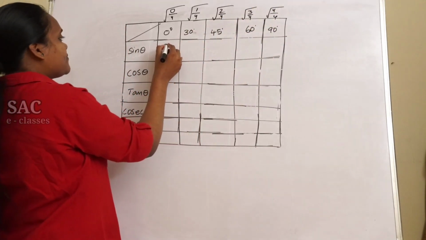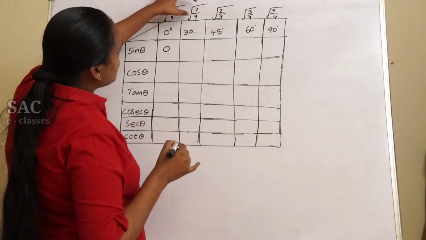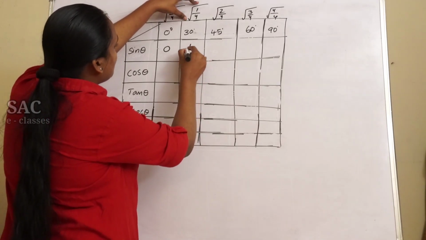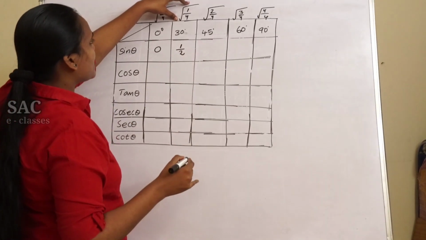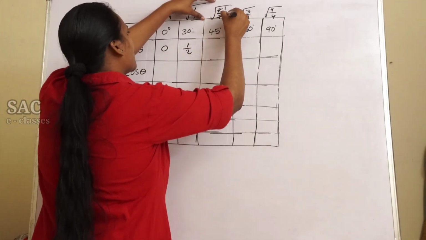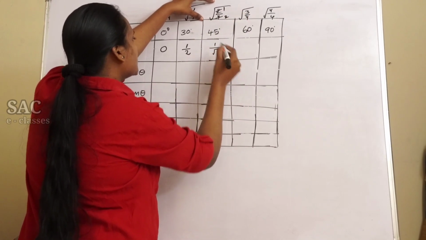So square root of 0 by 4 is 0. Then the square root of 1 by 4 is 1 by 2. Square root of 2 by 4 simplifies to square root of 1 by 2, which is 1 by root 2.